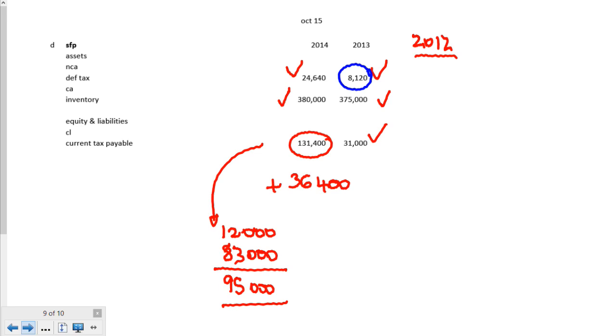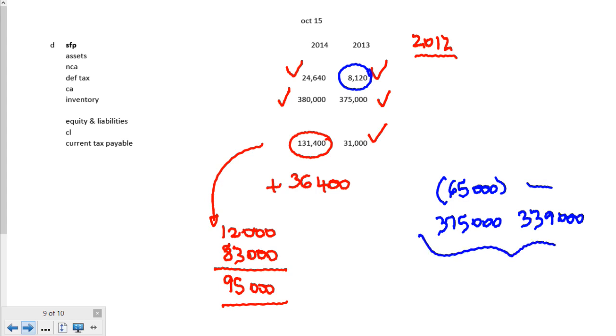I checked it. I put in the provision. What was the provision? 65, isn't it? We had a provision. Tax balance would have been nil. And then for inventory, we had 375. For tax, they would have had LIFO, 339.